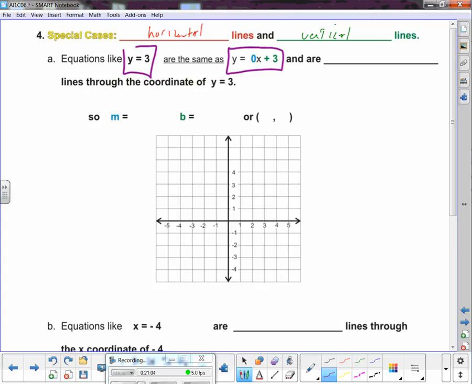That's pretty simplistic. What kind of lines have a 0 slope, class? Horizontal. So these are horizontal lines through the coordinate, in this case, of y equal 3. The y-intercept, isn't it? So this thing is a horizontal line through y equals 3.